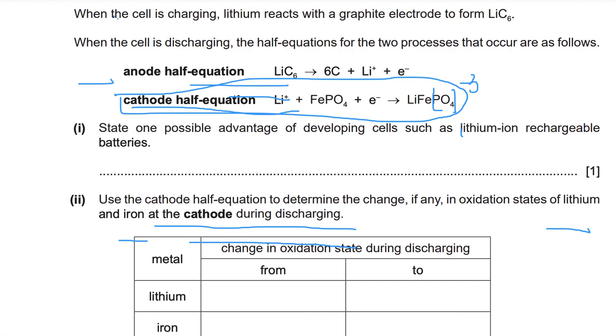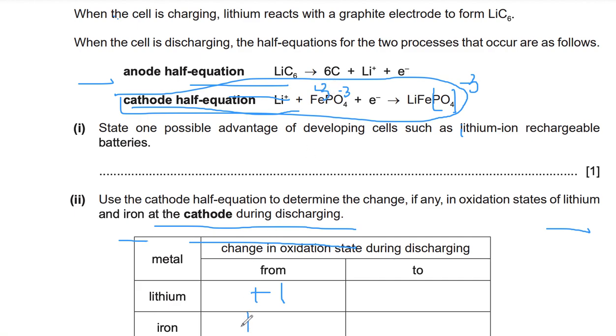and this is +1 to, so this is PO4 -3, and this should be Fe +3, right?